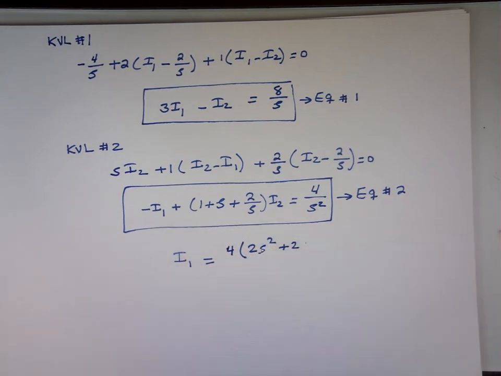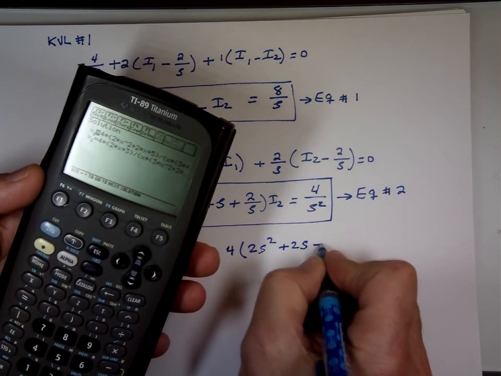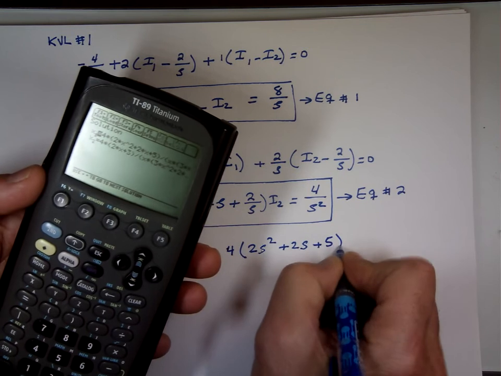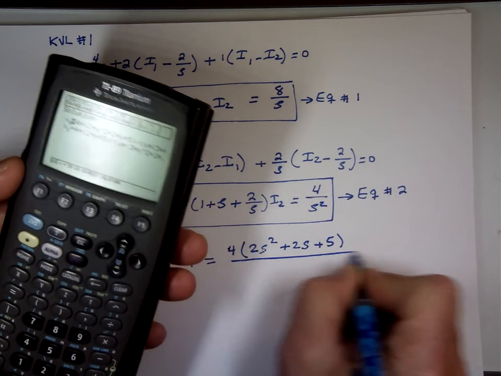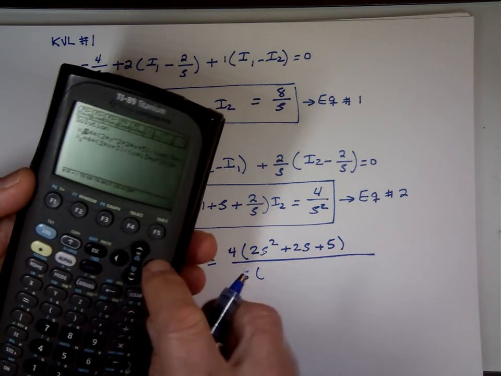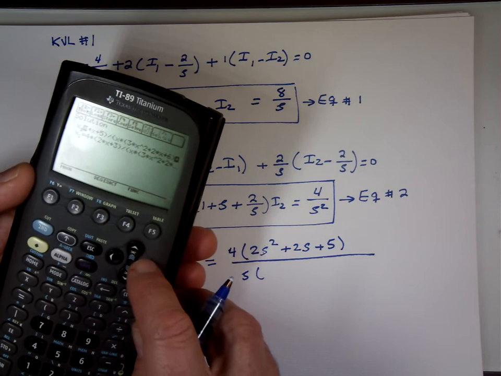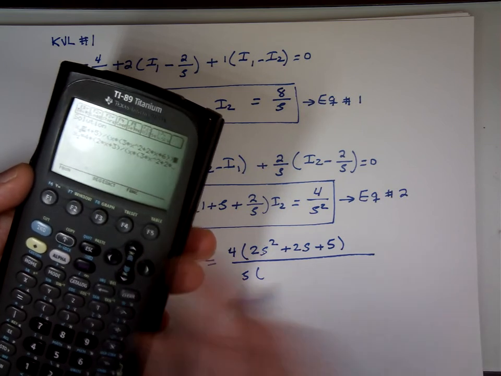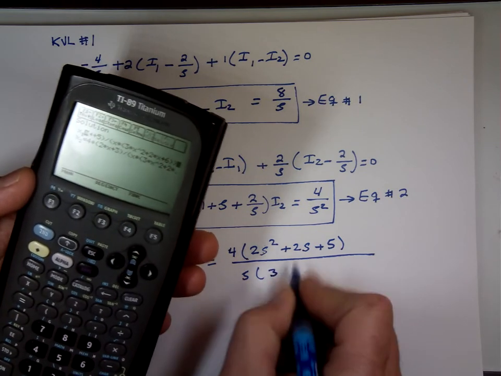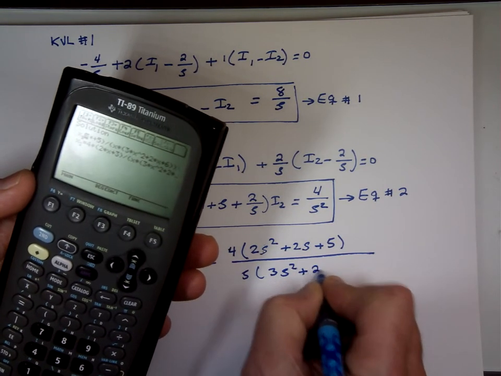Plus 2s plus the 5, all divided by s times 3s squared plus 2s plus the 6. Let me know if you get the same answer.